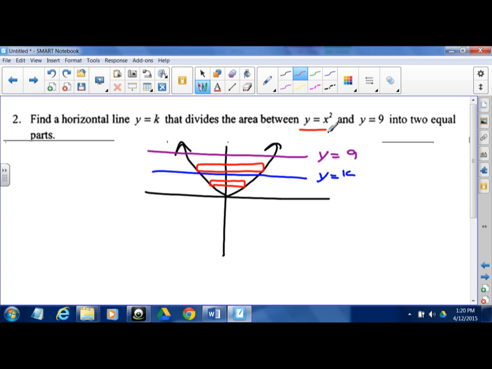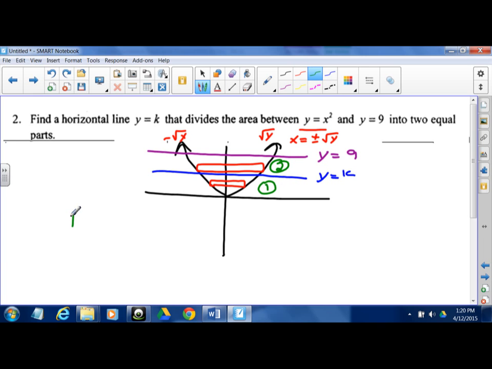Okay, so if we need to use a horizontal rectangle, we need to switch this thing into x equals plus or minus root y, with this one being negative root y and this one being positive root y. Okay, so I think we're ready. Let's put this back here. Let's call this region 1 and we'll call this region 2.